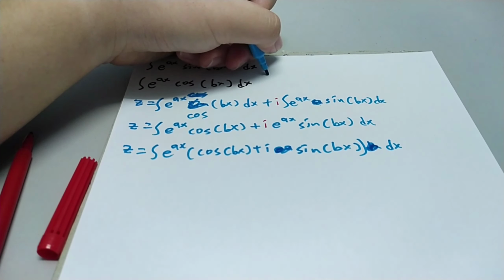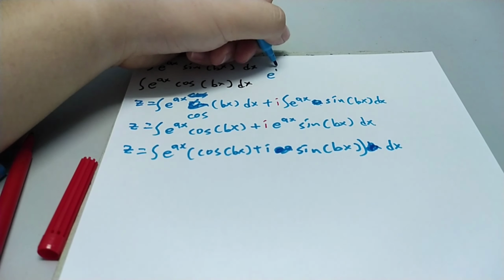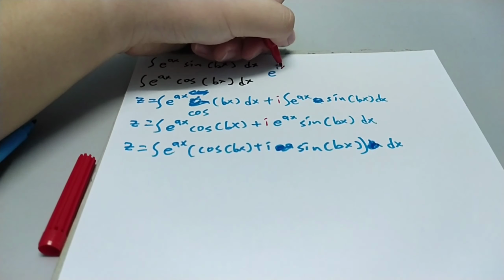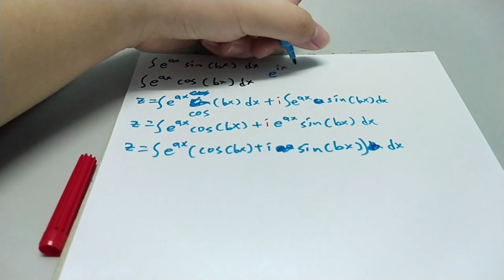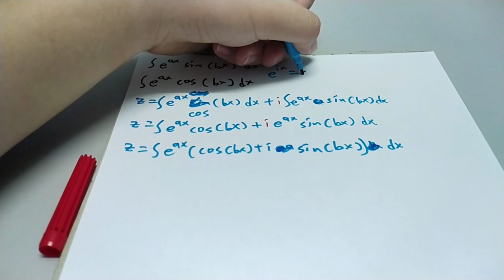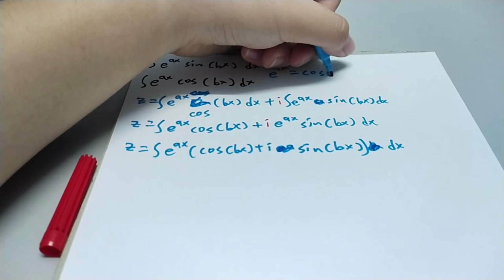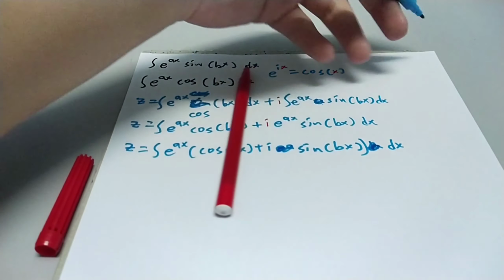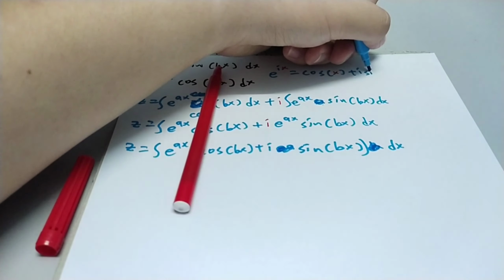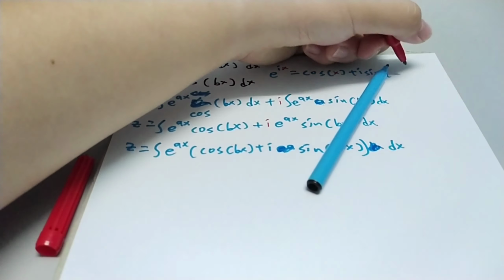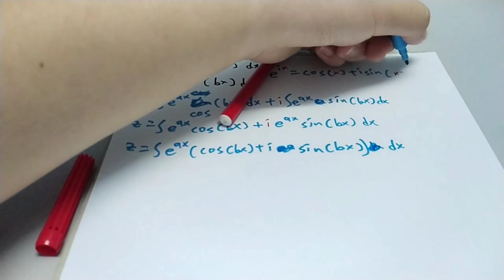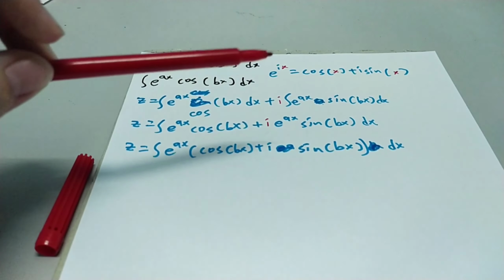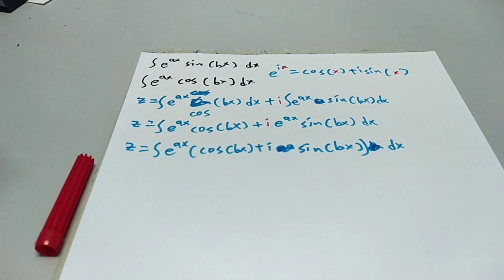What Euler's formula says is when you have e power of ix, it is equal to the cosine of x plus i times sine of x. So this is Euler's formula.